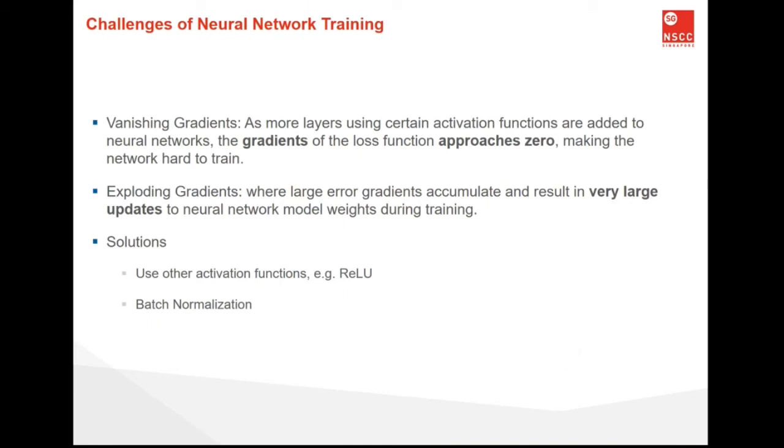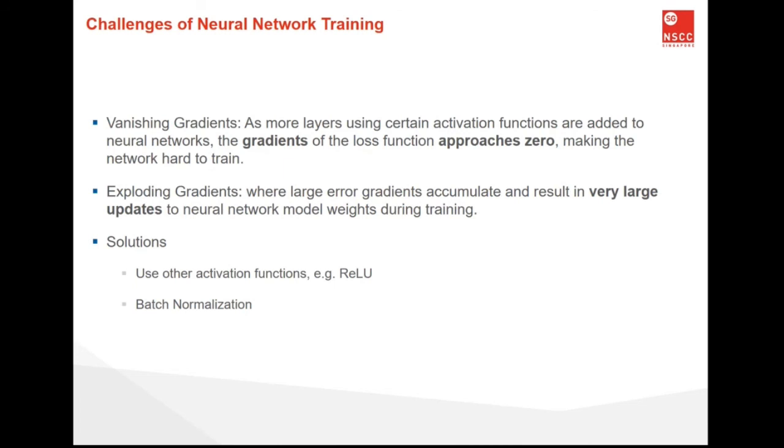Finally, we will talk about some common challenges of neural network training. First is vanishing gradient. Like the sigmoid function, certain activation functions squash a large input space into a small output space between 0 and 1.